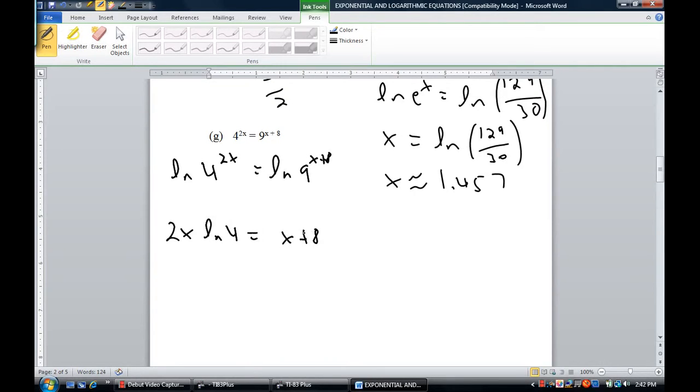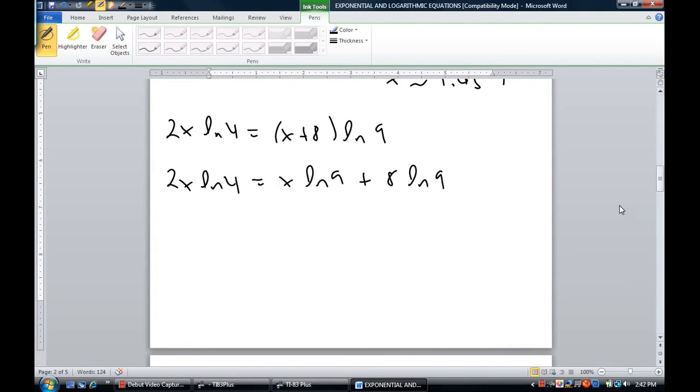I'm going to put that x plus 8 inside parentheses. And then I am going to distribute this natural log of 9. So x times natural log of 9 is x natural log of 9 plus 8 natural log of 9.